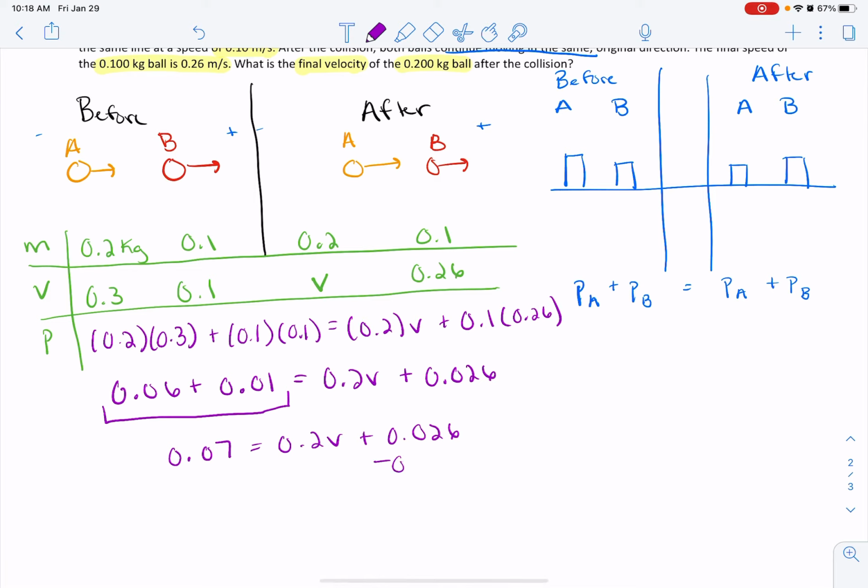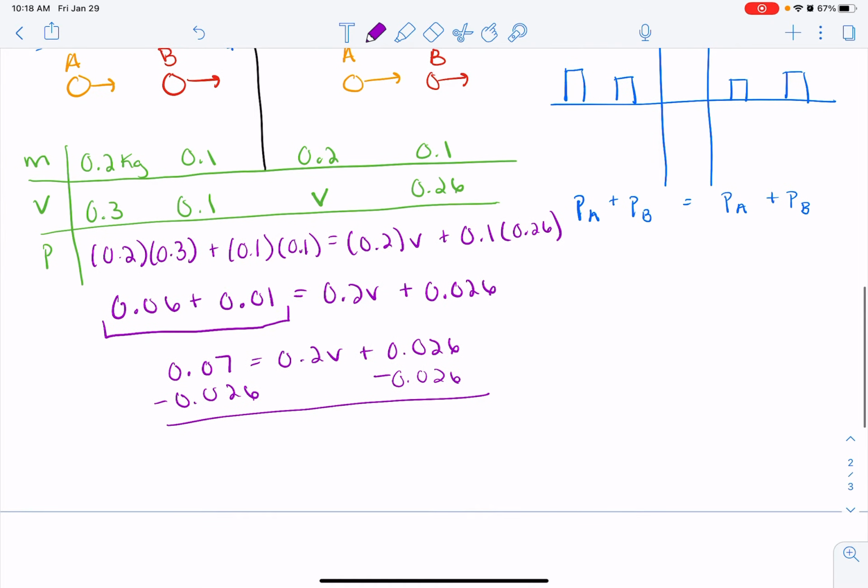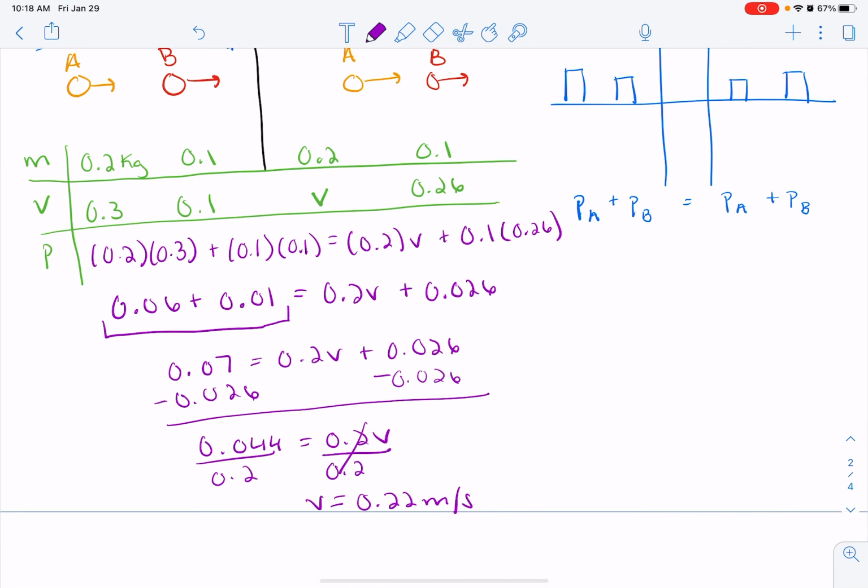Now I'm going to subtract 0.026 from both sides, and I get 0.044 equals 0.2v. To get v by itself, I'm dividing both sides by 0.2. I put in my calculator 0.044 divided by 0.2, and I get a velocity of 0.22 meters per second. Very good.